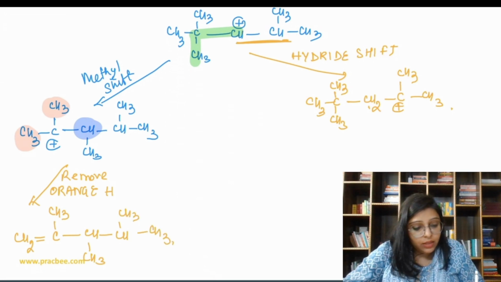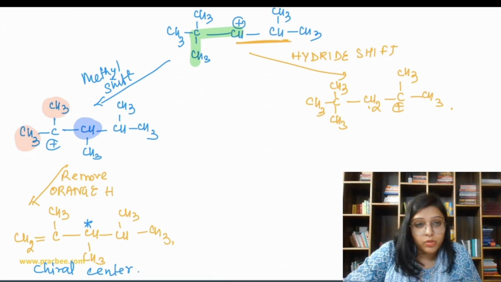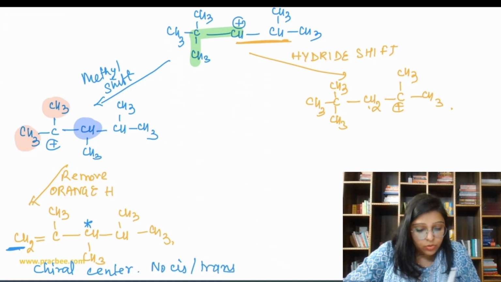So here we have the chiral center. See, this is the chiral center, right? And no cis trans. Here the hydrogens are the same, so no cis trans. So here we have a chiral center, so we get 2 products over here, R plus S.